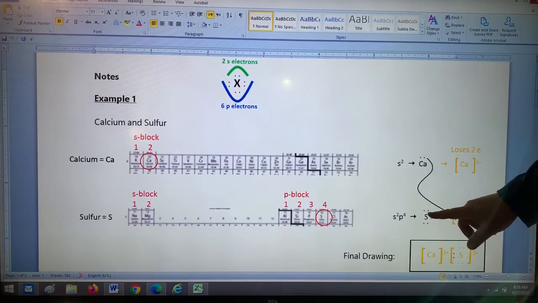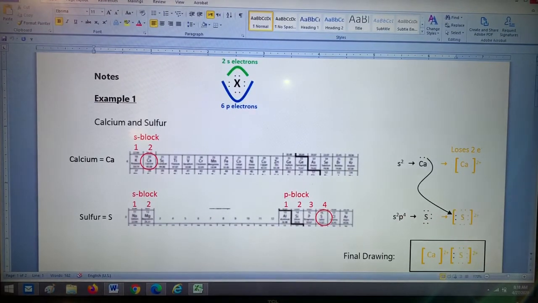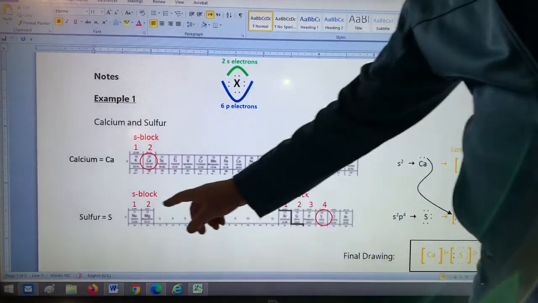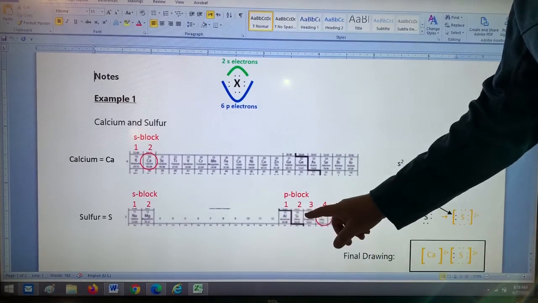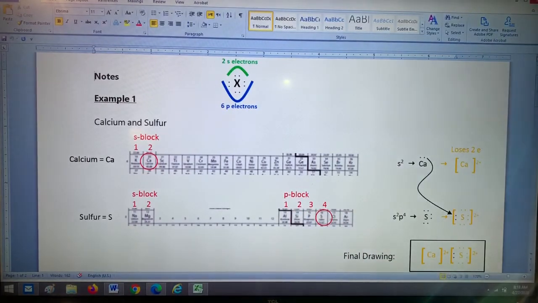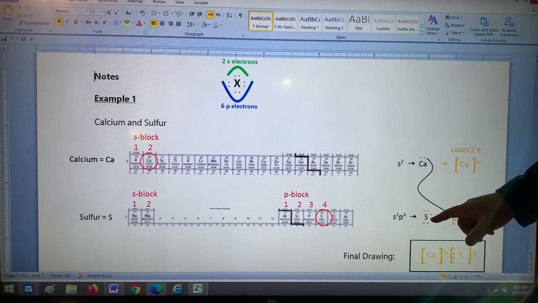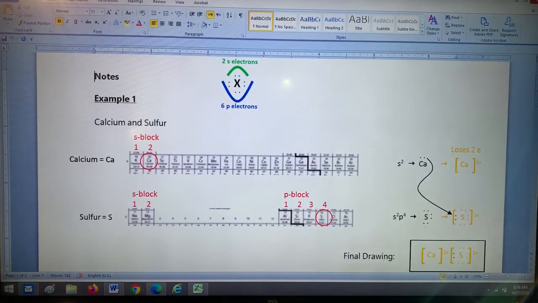So I have 2 electrons or 2 dots on top representing the 2 s electrons, which came from these 2 boxes. And then I have P4 because of these 4 boxes leading up to the sulfur. So that's altogether 6 dots that surround where the sulfur is.